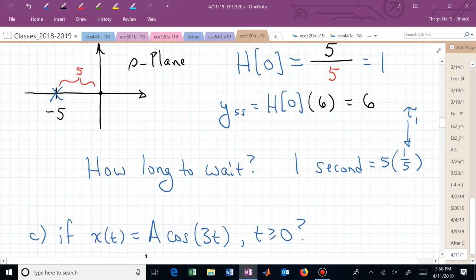So we've hit it with a decaying exponential. We've hit it with a constant. Now I want you to hit it with a sinusoid of amplitude A, etc. What are you going to see at the output? What's going to happen at the output of this low-pass filter when you're exciting that low-pass filter with a sinusoid?